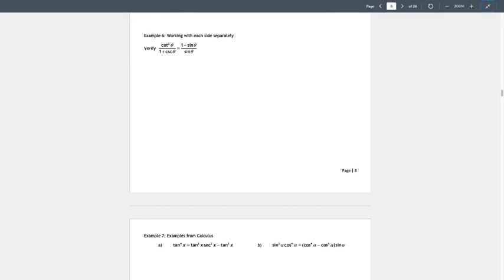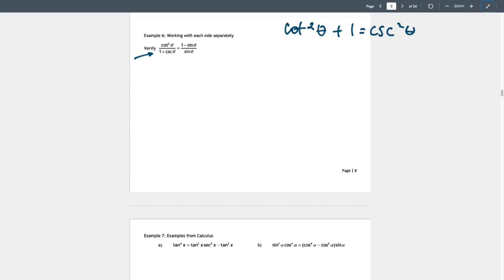Okay, on the next one, I'm going to work with the left-hand side, I believe. What I'm thinking here is your Pythagorean identity that says cotangent squared theta plus 1 equals cosecant squared theta.